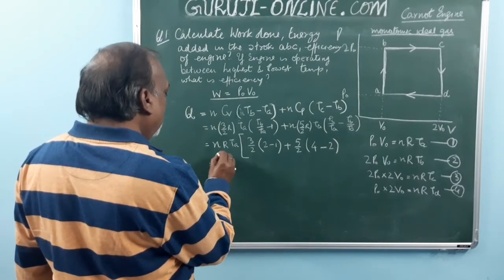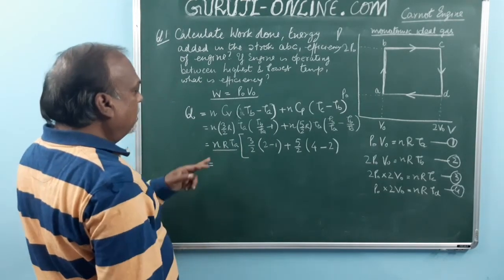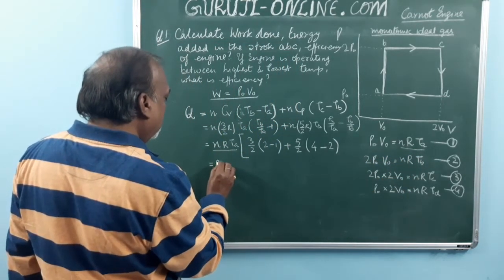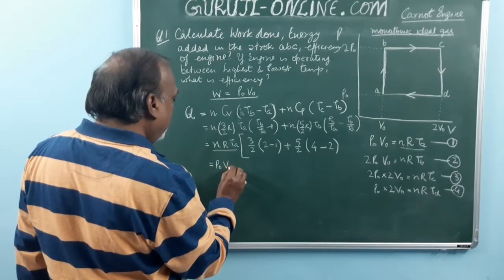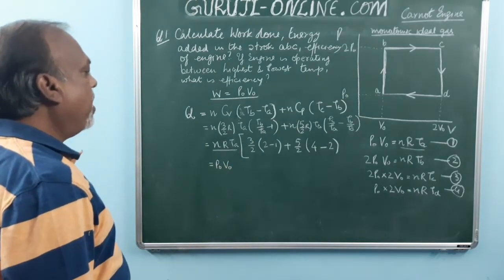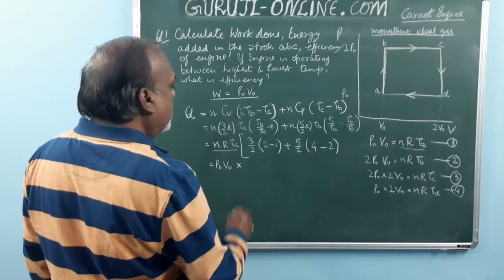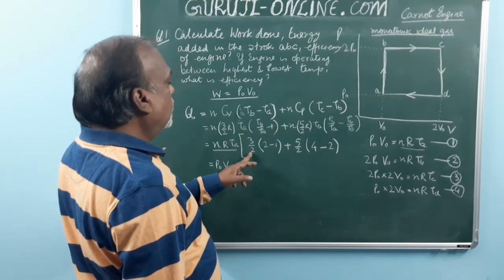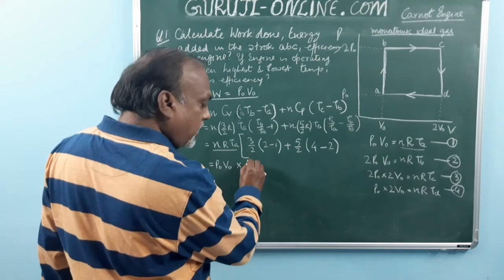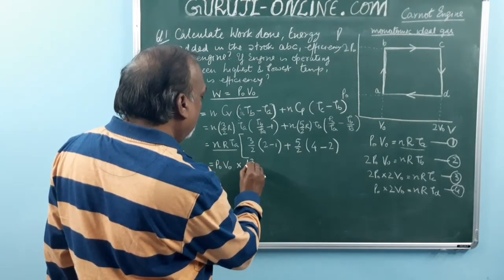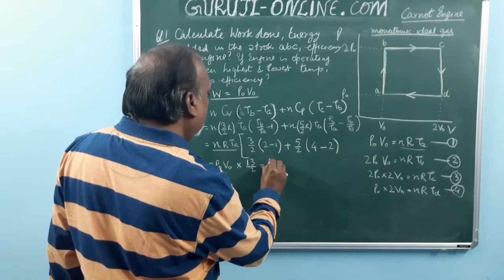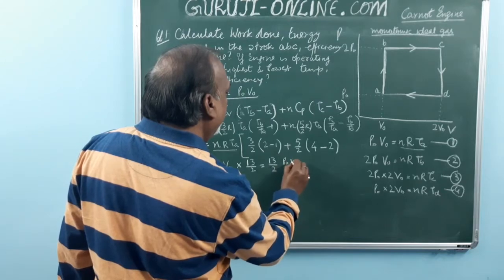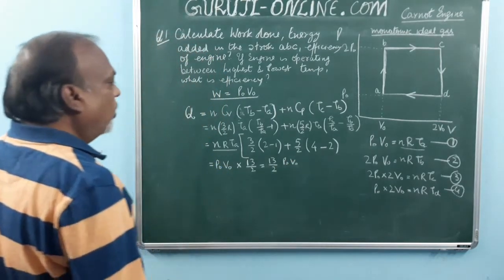So this will give you, that means we can write it as P0 V0 into 3 by 2 plus 5 by 2, which is 13 by 2 P0 V0.